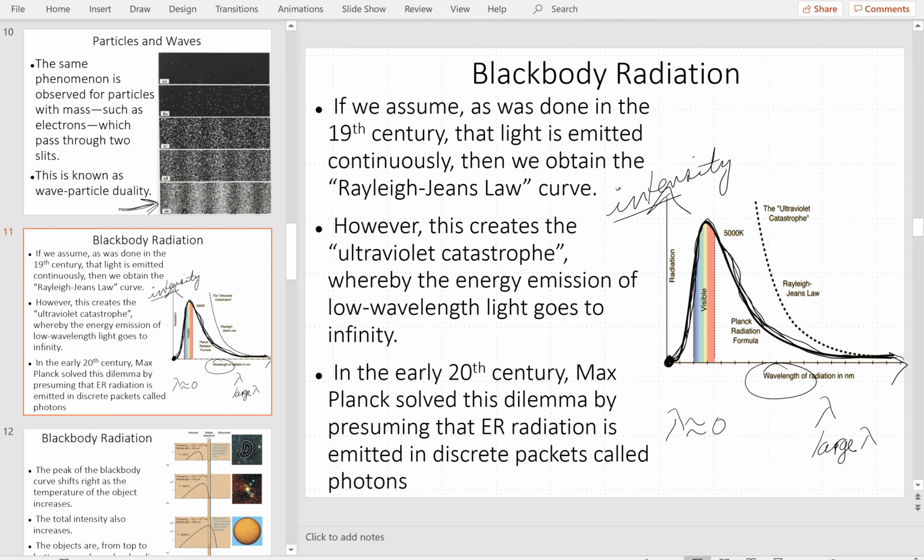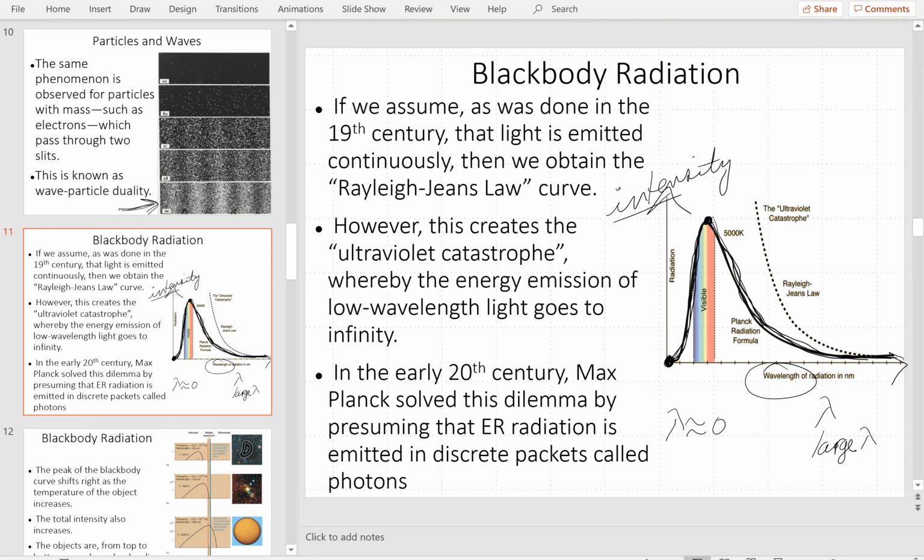The intensity increases to a peak as the wavelength gets to visible light, and then, this is for the sun, it decreases here, basically exponentially, as the wavelength continues to increase, so that the sun emits very few radio waves, for example. This is what we actually observe when we look at the light emitted by the sun.